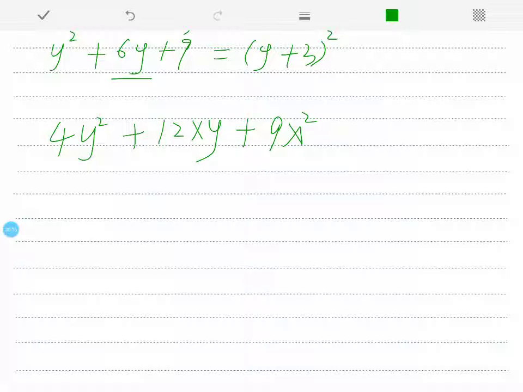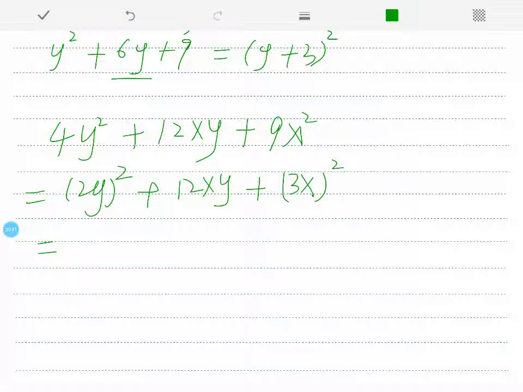Okay, so that becomes 2y squared plus 12xy plus 3x squared.